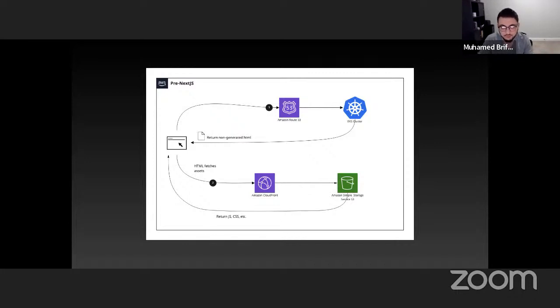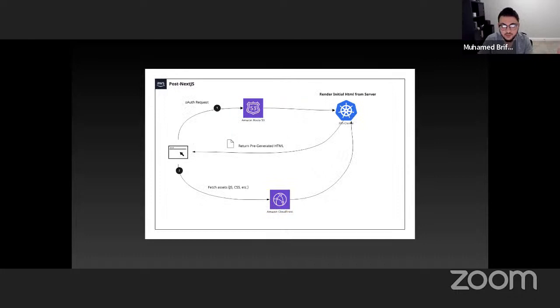So after we implemented NextJS, what ended up happening is our OAuth requests for our login experience went to Route 53, and we added an Express server in our Kubernetes instance, an Express pod.